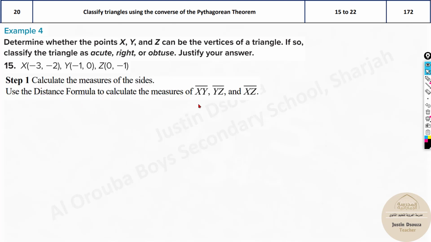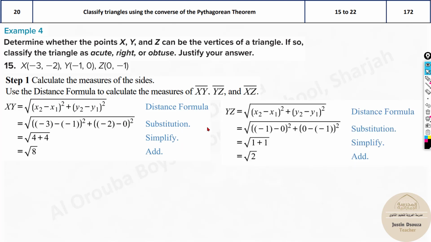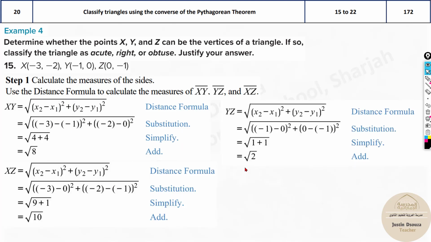So step one is to just calculate the distance between all the three line segments which will make the triangle XYZ. So here XY, YZ and XZ. Then after you find the distance, you will get the three distances. This is a long part. Basically, you just put in the formula and solve. It is very simple.